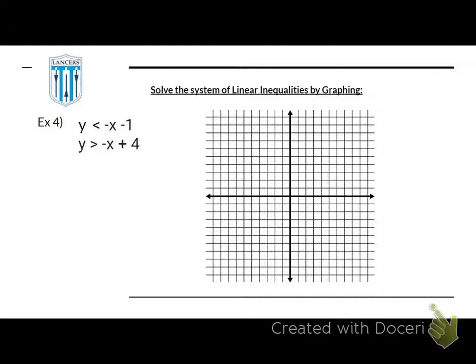Where am I going to start my first line? Negative 1 on the y-axis. My slope tells me to go down 1, right 1, or up 1, left 1. My line through those points should be a dashed or dotted line.